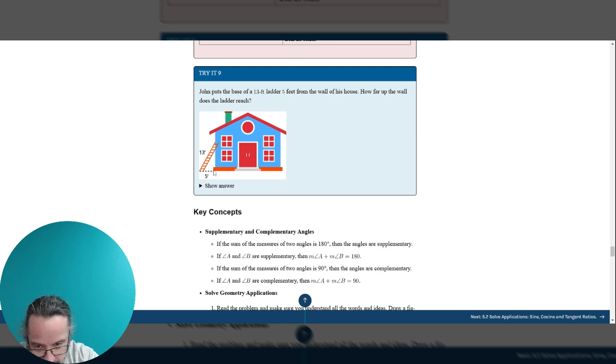The side opposite that right angle, 13, is our hypotenuse, so 13 is c. Let's call what we're looking for b. That makes side a, one of the legs, 5 feet. b is the other leg, so we're looking for the value of the other leg.